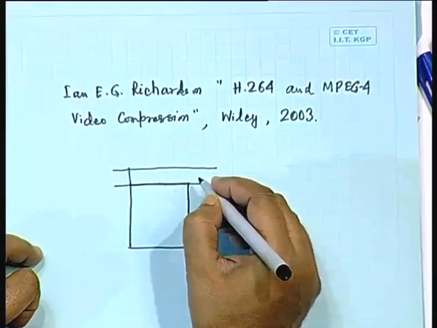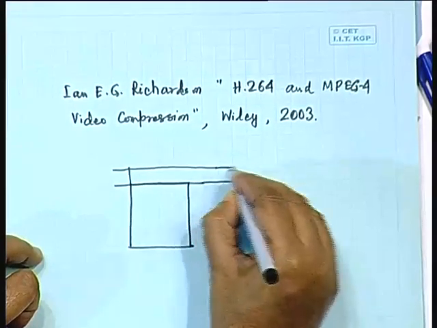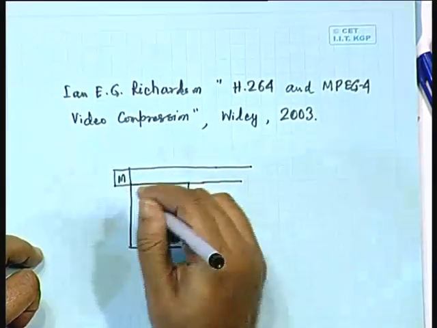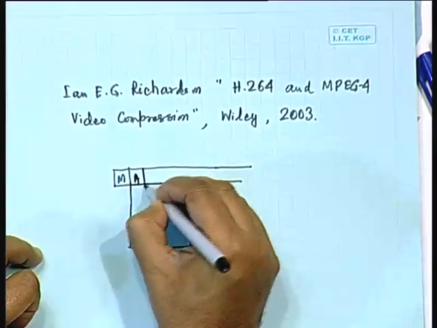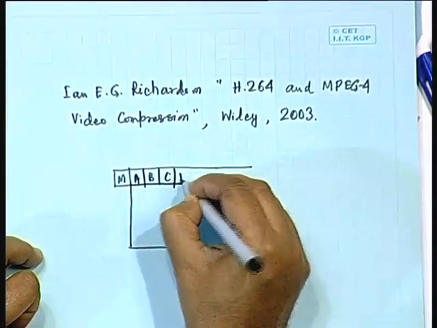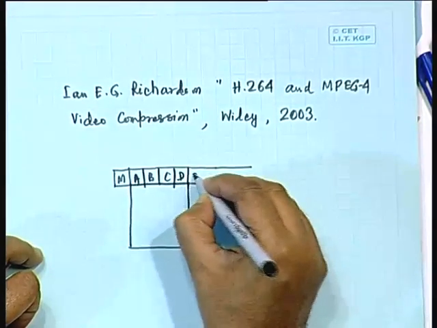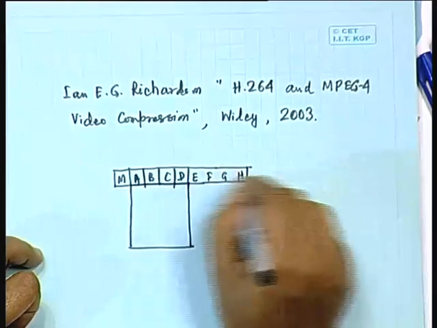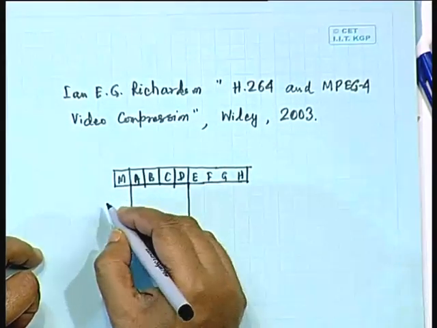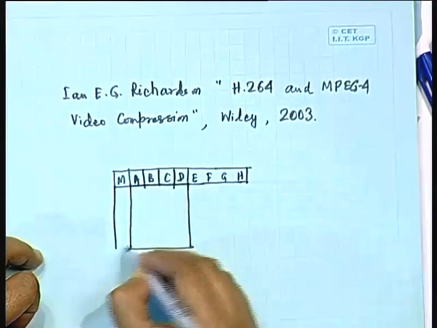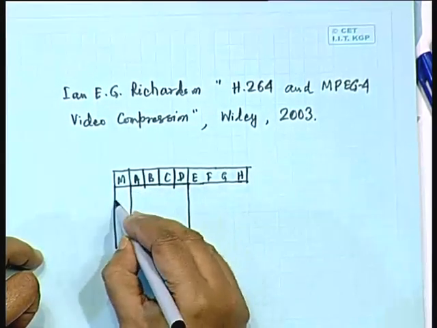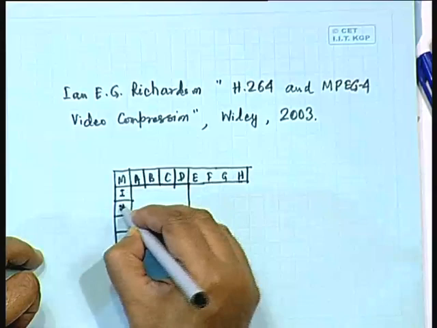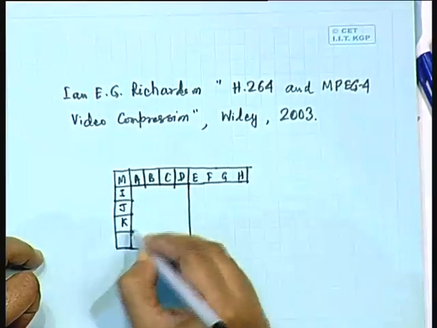In the previously received line, we are calling M the top left one, then A, B, C, D, then we also consider E, F, G and H. Why we also have to consider E, F, G, H, I will be telling you, so that the concepts are more clear to you. And these pixels we are labeling as I, J, K, L.